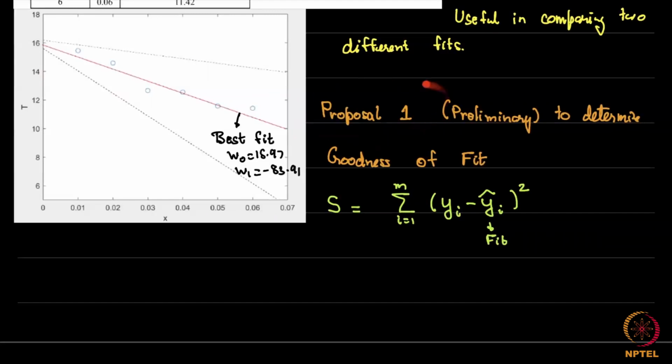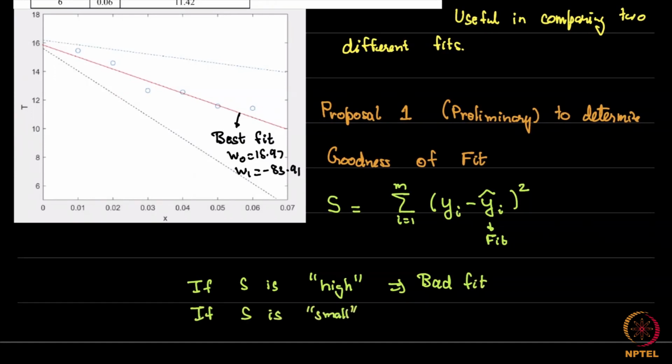Remember, this is not quite accurate, for reasons that I will tell you. We say that if S is high or large, then this means it's a bad fit, and if S is small, then this is a good fit.